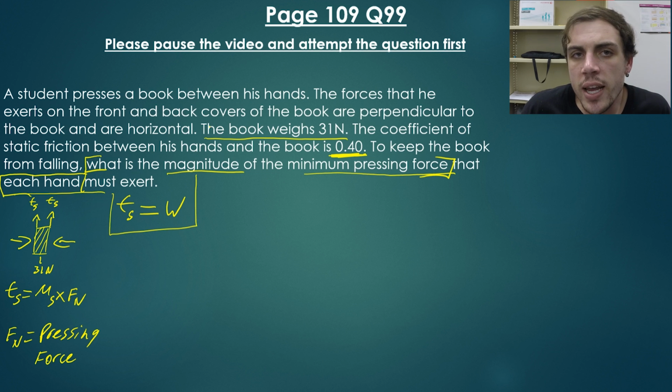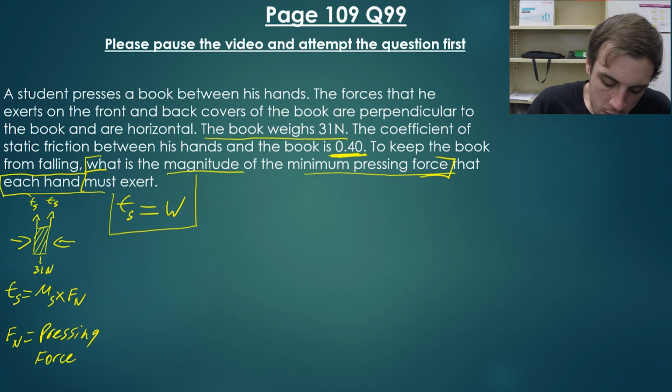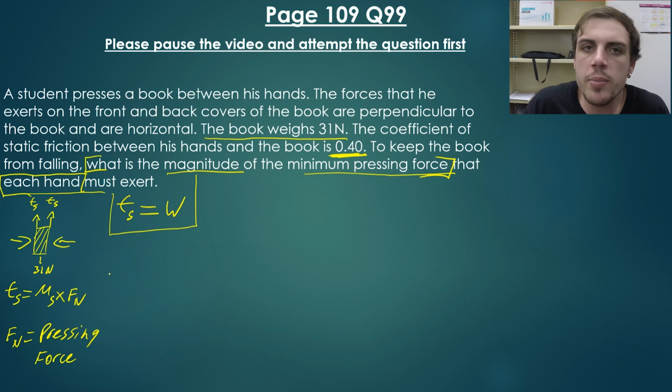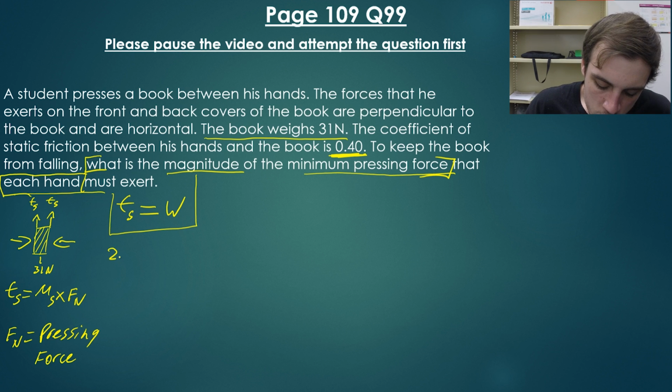The big thing here is that we're not holding it by one hand, we're holding it by two. So this means that our static friction, which is equal to the coefficient of static friction times the force normal, is going to be multiplied by 2. So 2 lots of static friction is going to equal the weight, and each of these static frictions is going to be this. So I'm going to multiply this by 2 and substitute it into our formula here.